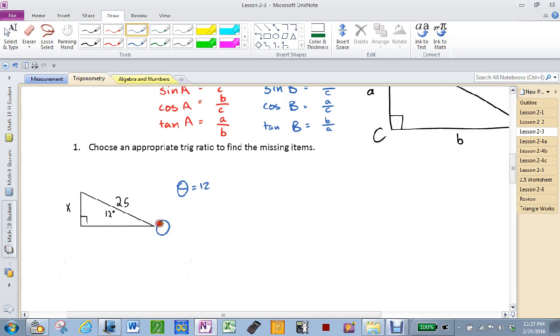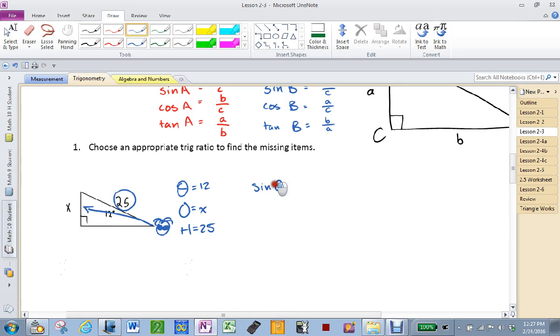So here I am. What is that? Opposite. So my opposite is x. What is this? It's the hypotenuse, which is 25. So what of the three options am I going to be using? I won't answer. Sine.